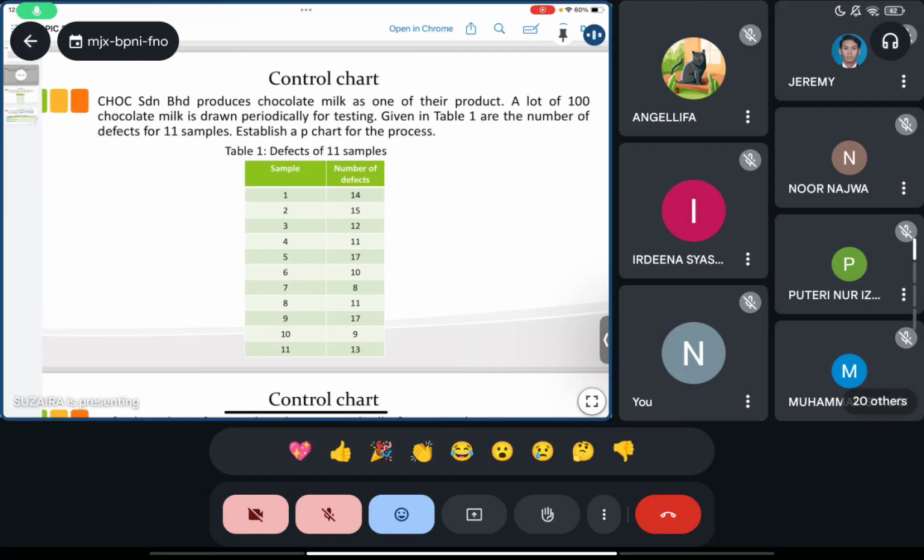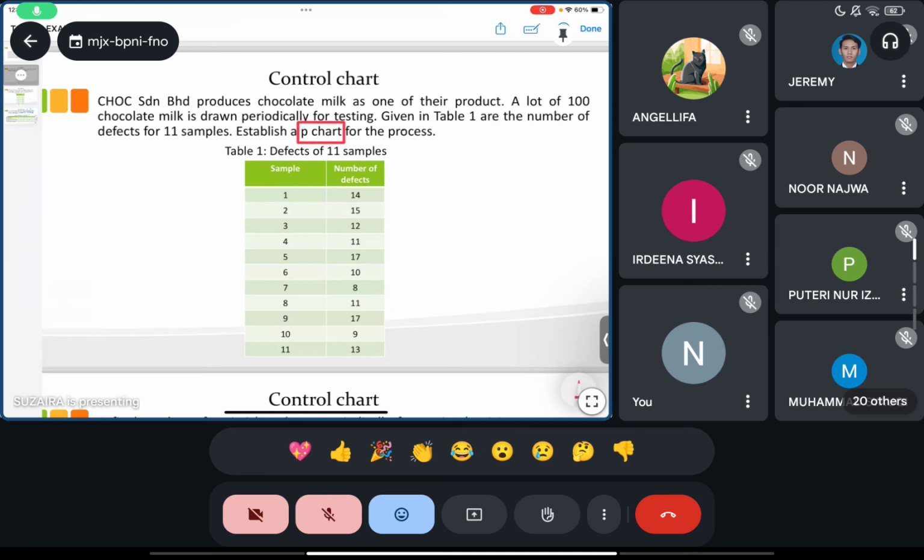Or you can do the calculation, to refresh back what you learned for C chart and P chart. Given in table 1 are the numbers of defects for 11 samples, and establish a P chart. So this question is kind enough. Why kind enough?